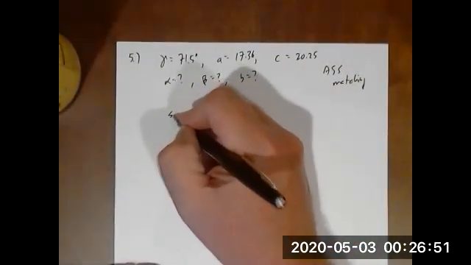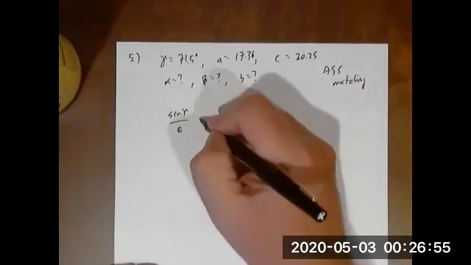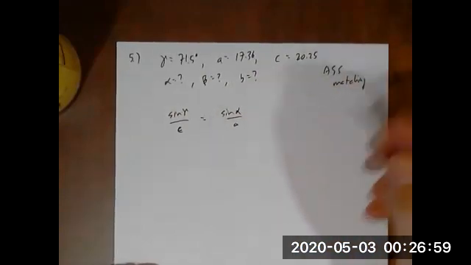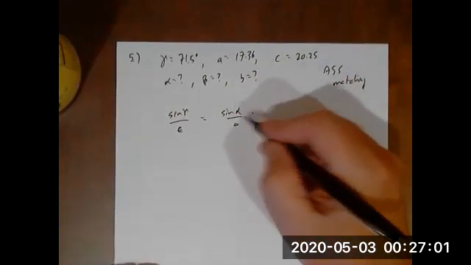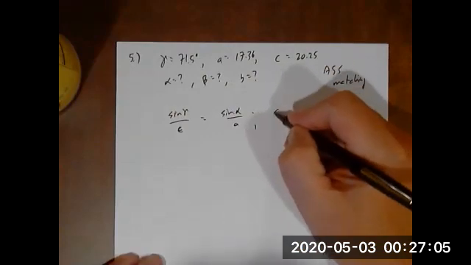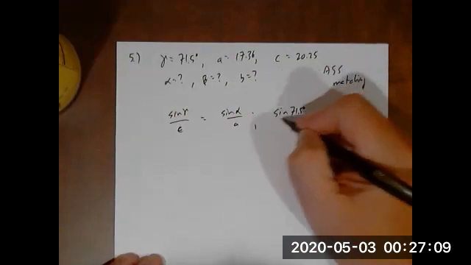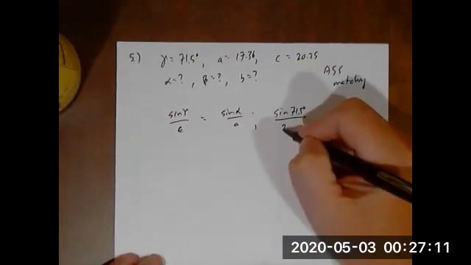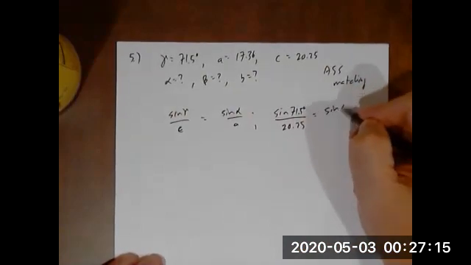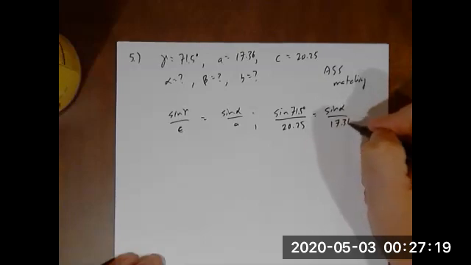So the right place to start is sine gamma over C equals sine alpha over A. So we can figure out angle alpha. So the sine of 71.5 degrees over C 20.25 equals the sine of alpha over 17.36.